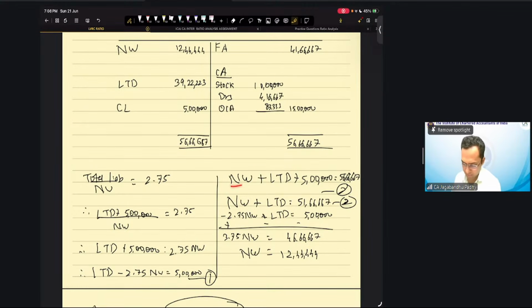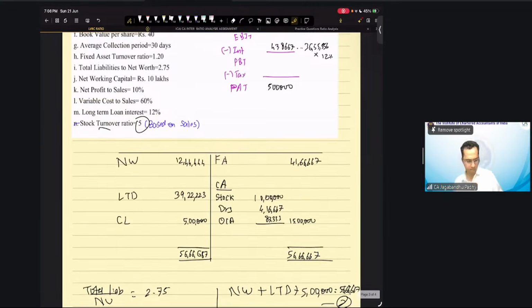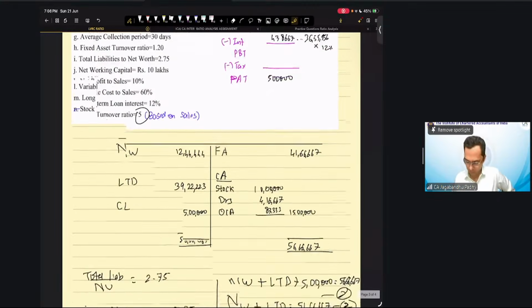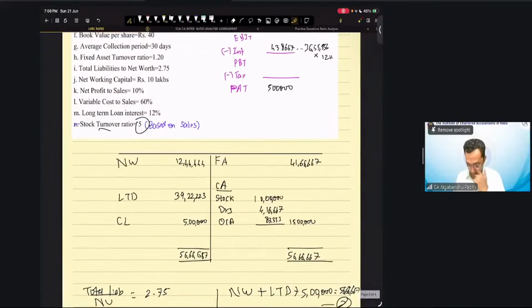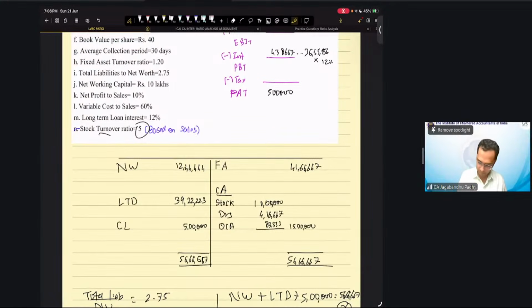And then on the other side, you have net worth plus long-term debt plus 5 lakh, which is 56 lakh 66,667. How is this being mistaken?